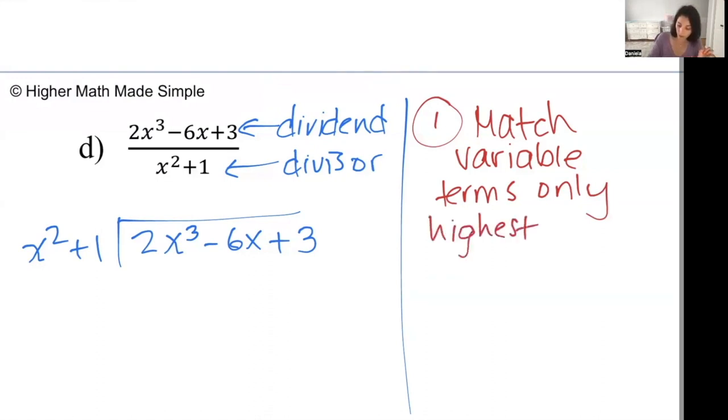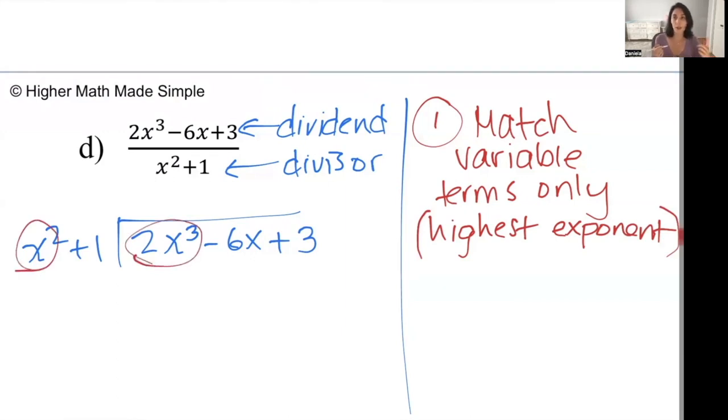So what do I mean by that? This has the highest exponent and this is the term with the highest exponent. So those are the ones that we're trying to match. And by matching, I'm asking, what can we multiply by? X squared times what can get us to 2x to the third?